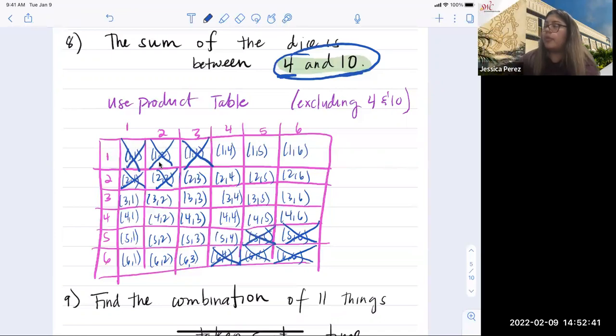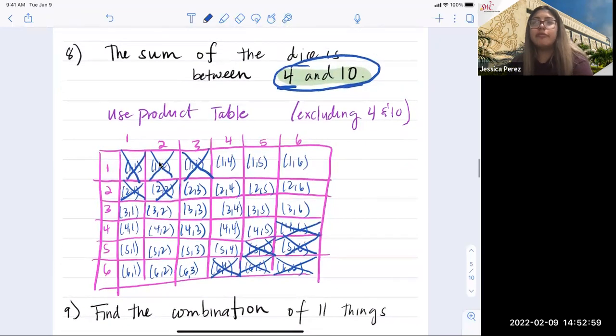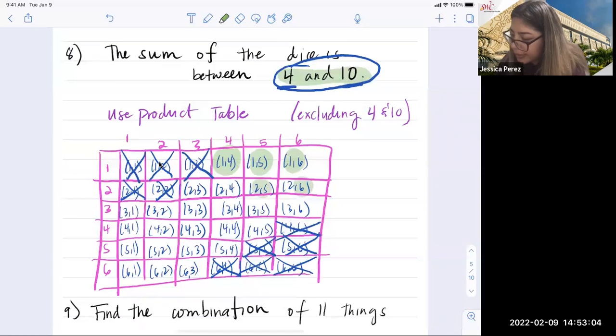So (1,4) is 5, that's good. This is 6, that's good. This is 9, that's good. But this one, (4,6), that's 10. We have to cross that one out. Is there another one? I don't think so. So in total, we want to find how many? Be careful, (3,1) gives you 4.